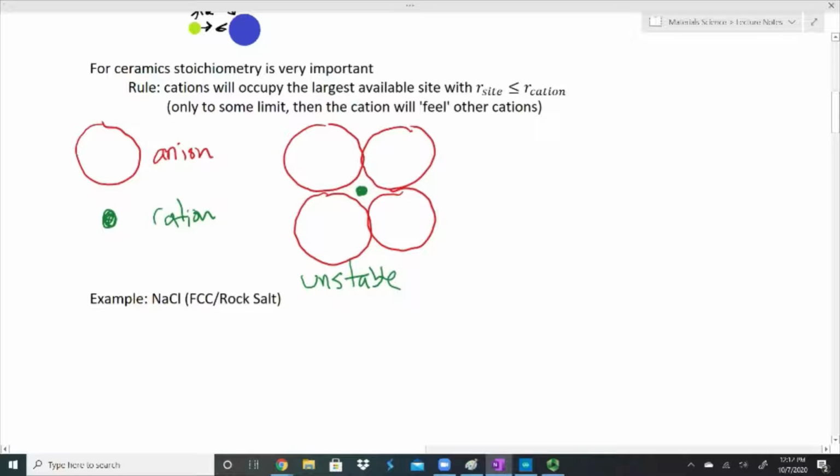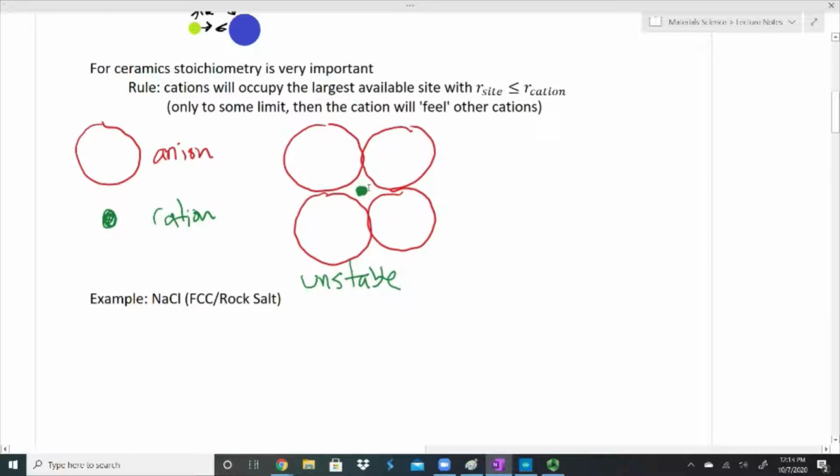And I think we can see why it would be unstable, because I have the anions touching other anions, and they're the same charge, and so they're not going to want to be attracted to each other. So why would they want to touch if they can't get very close to the cation?